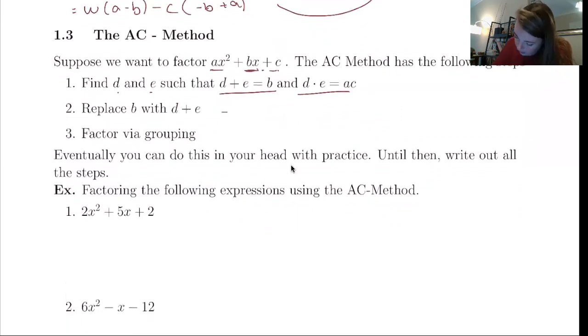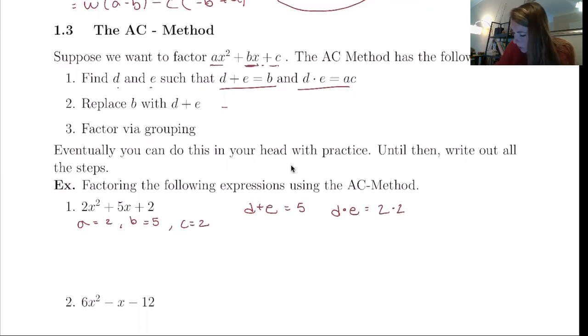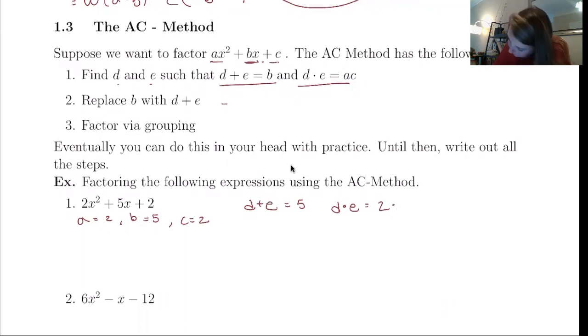So I have 2x squared plus 5x plus 2. So A is 2, B is 5, and C is 2. So D plus E needs to equal 5, and D times E needs to equal A times C. So 2 times 2, which is 4.